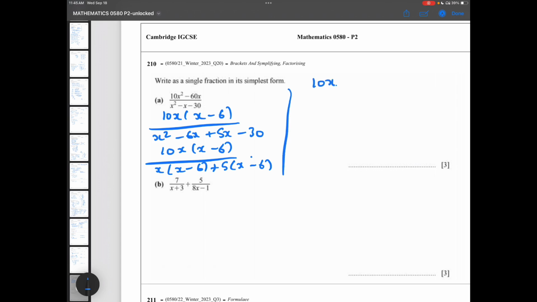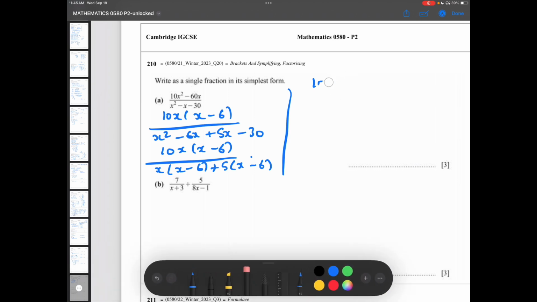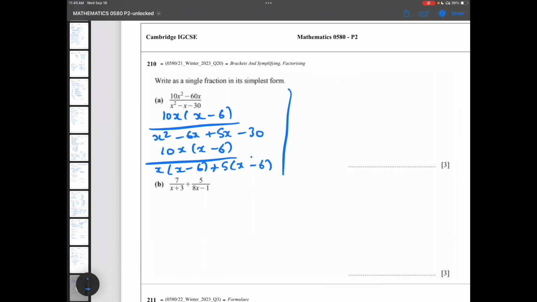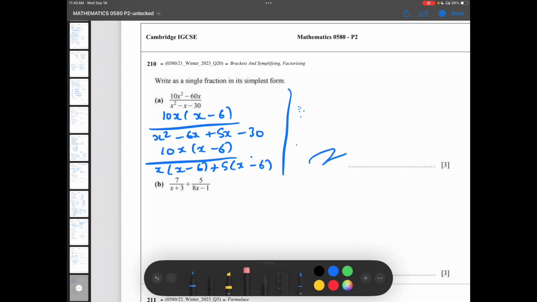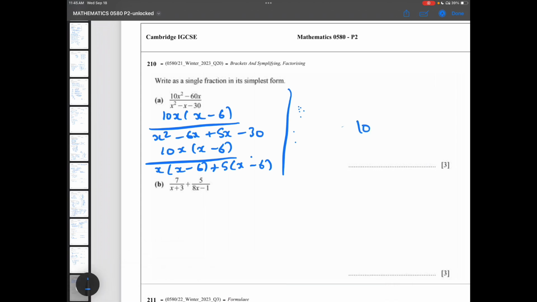So the numerator remains the same, 10x into (x − 6).